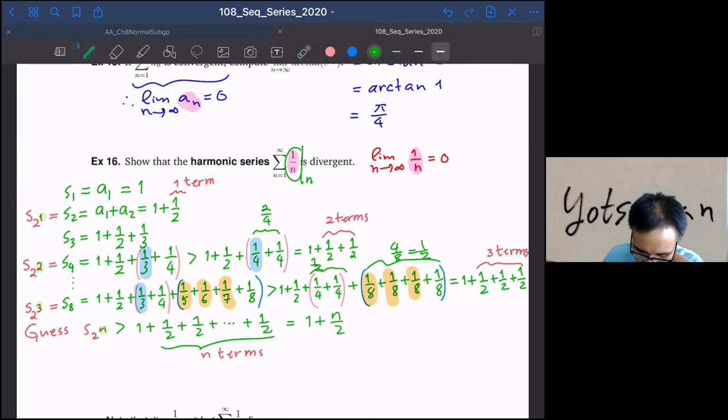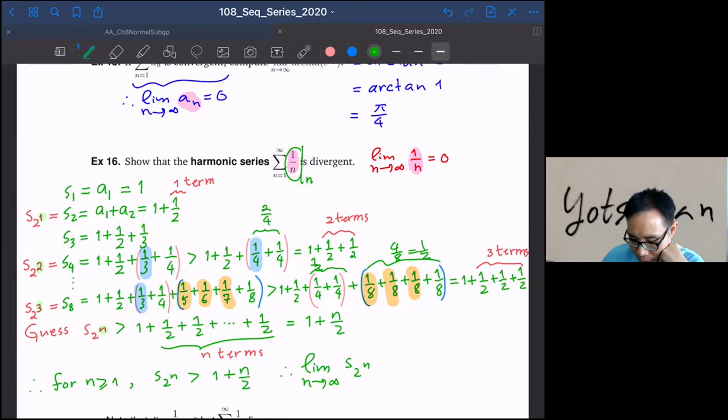Hence, we have shown that for n greater than or equal to 1, we have s of 2 to the n is more than 1 plus n over 2. So if you take the limit as n goes to infinity of s of 2 to the n, this will be more than the limit as n goes to infinity of 1 plus n over 2, and this becomes infinity.